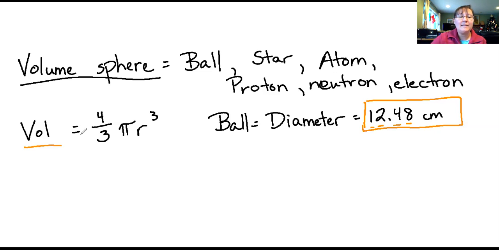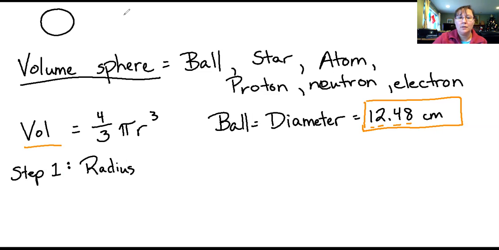So my step 1 in this case is that I need a radius. Okay, so remember that if you have a circle, your diameter is all the way across, and your radius is half of that.